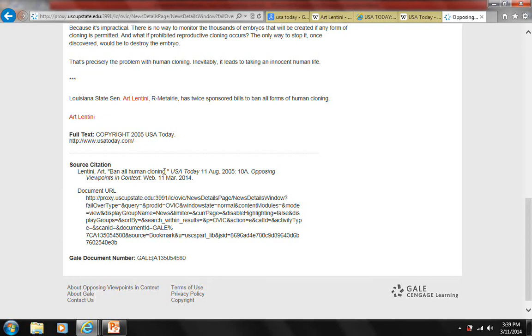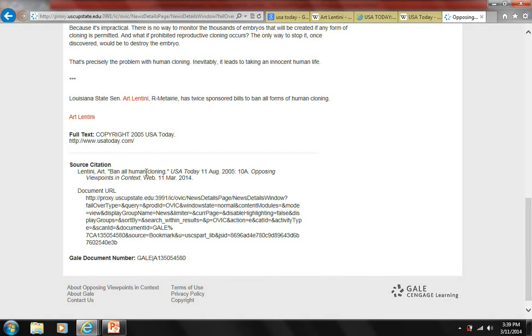However, please remember that it still needs to be in Times New Roman 12-point font, and a lot of times when you copy and paste it, it won't be in the right format. Remember that this second line has to get tabbed over. So just know that if you copy and paste it, some of that formatting might get messed up and you'll need to go in and fix it.